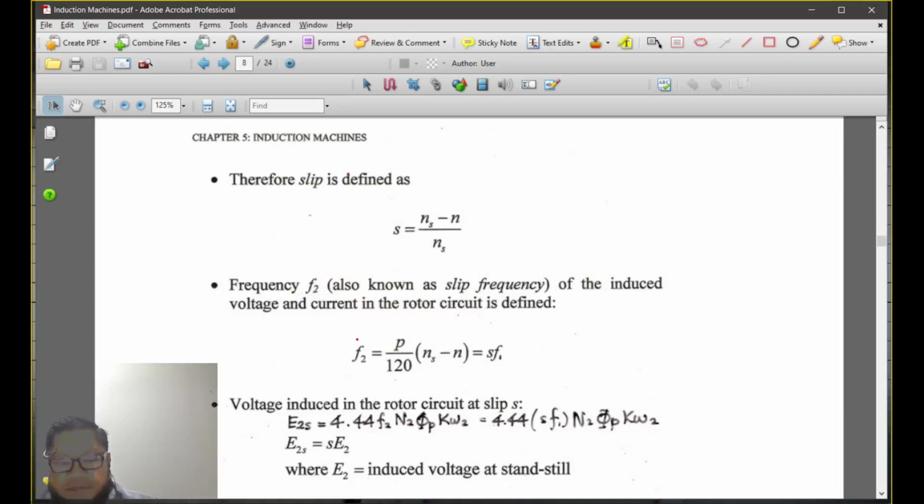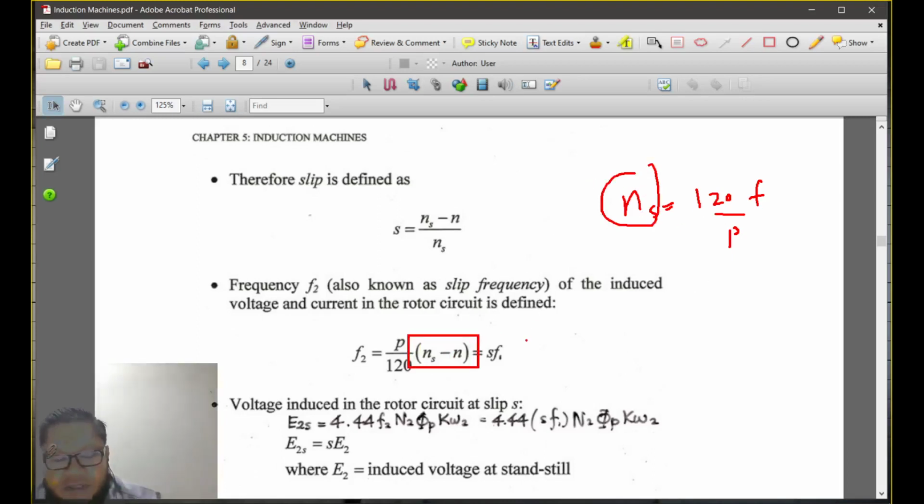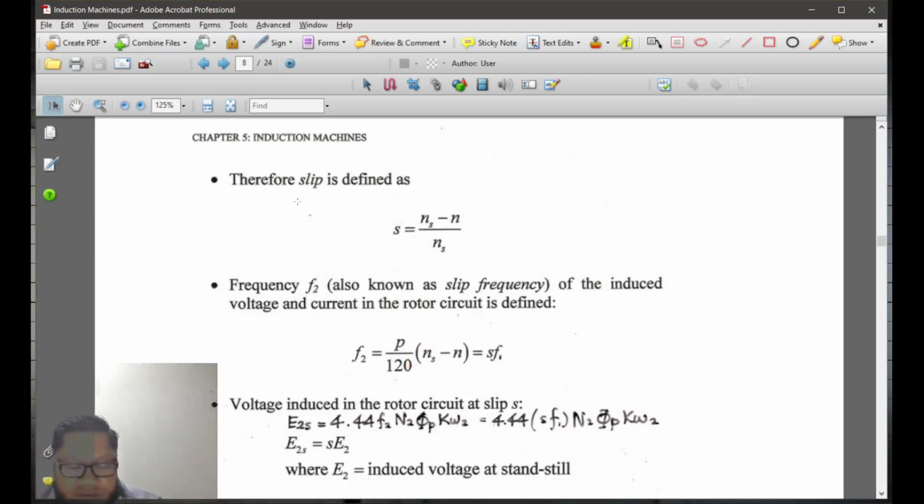We know ns equals 120 f over P, isn't it? So for the slip frequency, f2 equals P multiplied by (ns minus n) over 120, and that gives you the slip frequency, f2 equals s f1.